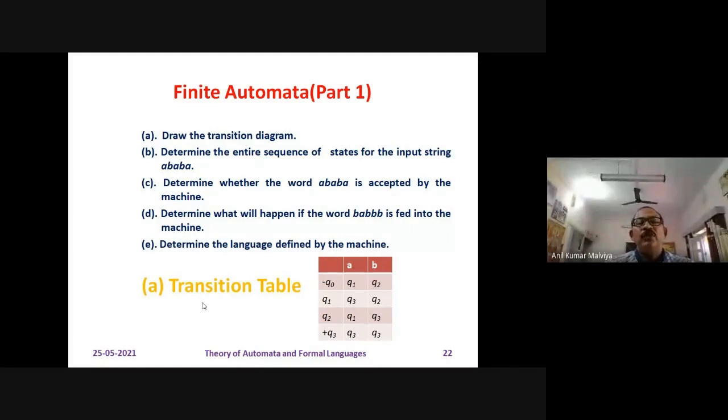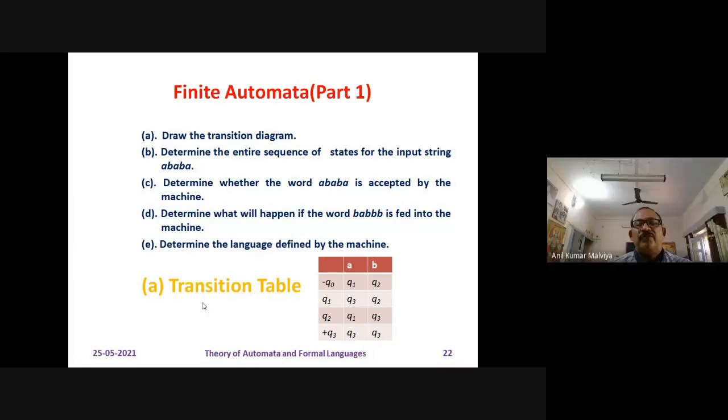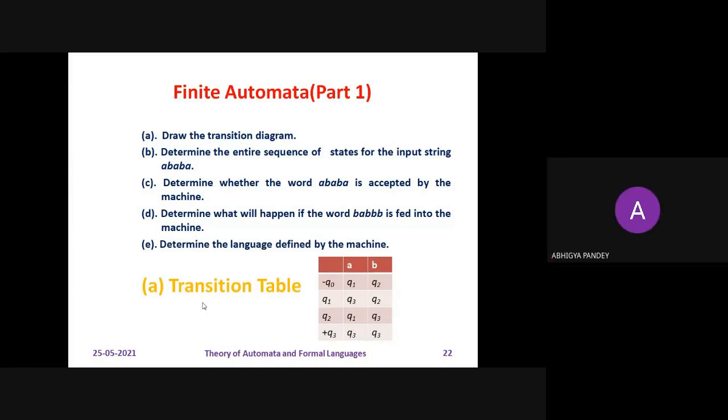So how will you make a transition diagram? Anyone can tell me? We will start at Q0 and end at Q3. Very good, very good. We need 4 circles.